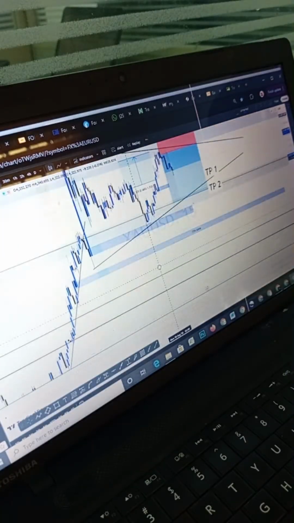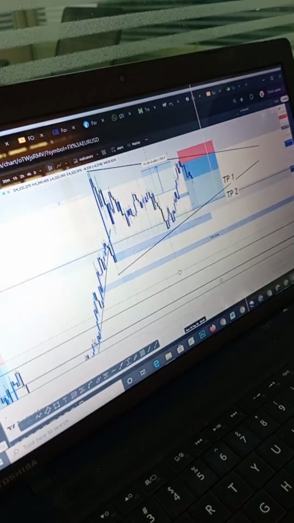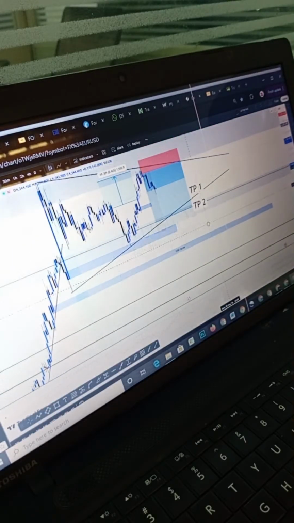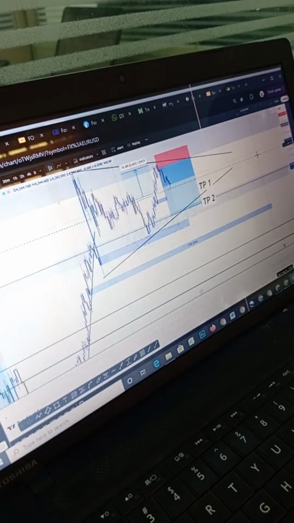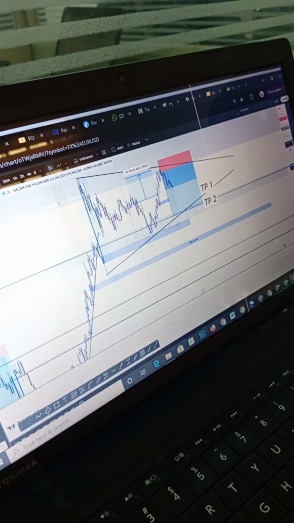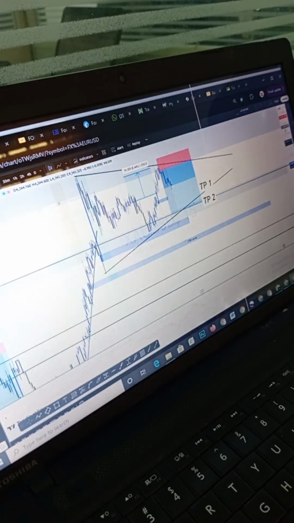Now remember, gold has been dishing out bullishly all through, I think, last week, and that we're having all of this correctional move here doesn't tell us that the market is changing direction or changing bias. We are still bullish for gold. The only thing is that I'm doing what we call counter trading, so I'm catching some of the moments that our pullbacks give us.